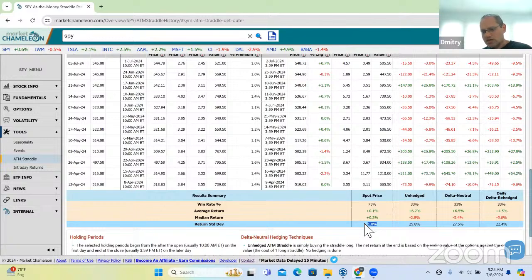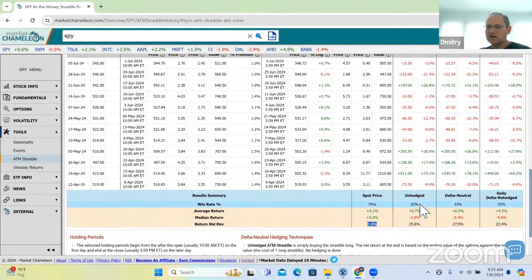Okay. How often did that straddle gain in value? Well, that happened 33% of the time if you just bought the straddle and sat on it, and closed it out at end of day Tuesday.